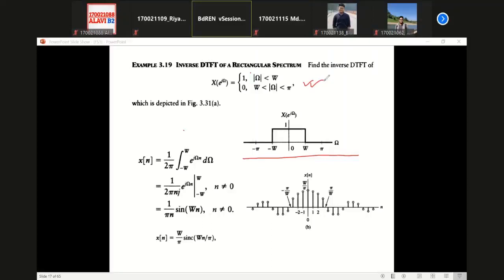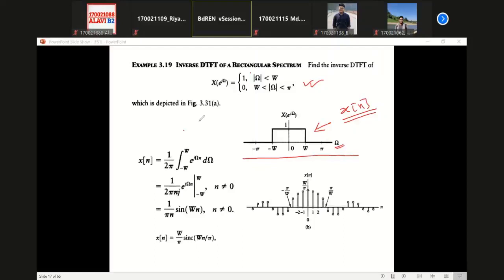So this is our Fourier transform, and whenever this appears, you have to consider that the resulting signal will be x[n], not x(t), the discrete time. If you want to find the discrete time signal corresponding to this transform, then what you need to do is evaluate the integral.